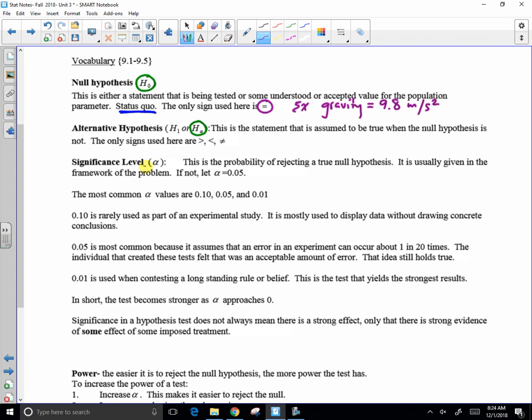Then over time, somebody took some measurements, dropped some objects, determined how long it took for the object to hit the ground, did some calculations, and determined that the value for gravity was something other than that. So they came up with some number more than 9.8, or less than 9.8. I'll go with less than 9.8.